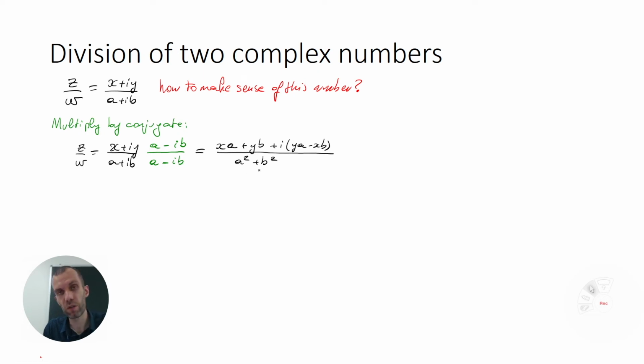And so now the denominator is a real number, so we can also write it as (xa plus yb) divided by (a squared plus b squared) plus i times (ya minus xb) divided by (a squared plus b squared).